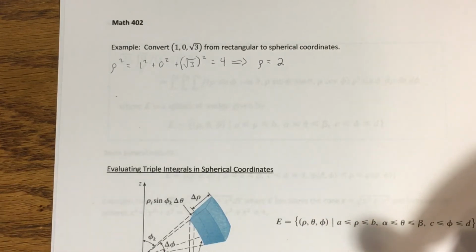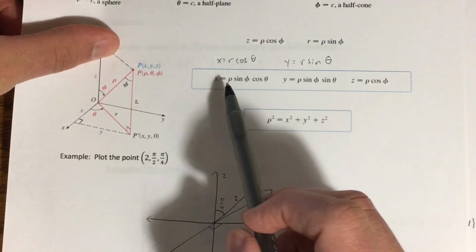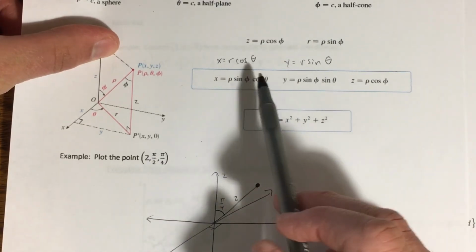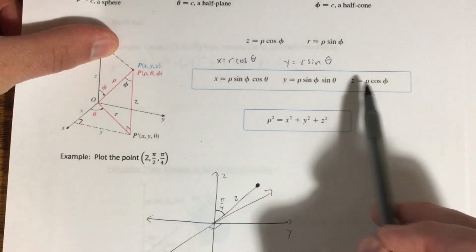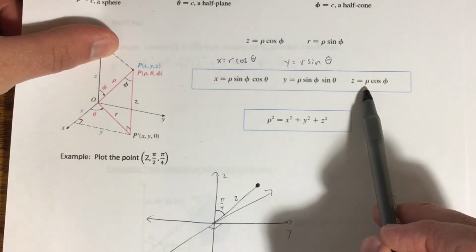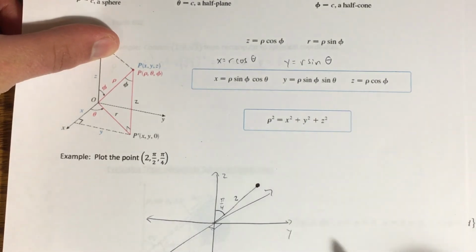Okay. Now we need phi and we need theta. So if you go back to the conversion formulas that we derived over here, the ones for x and y need us to already know both phi and theta, but z only requires us to know rho and phi. So here, this would be the only unknown in that equation.